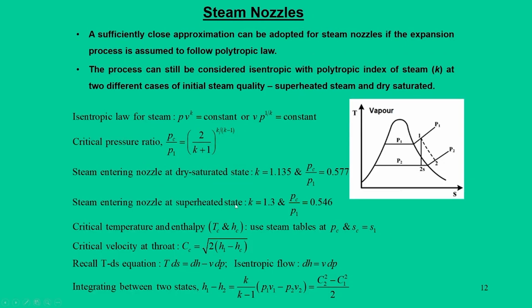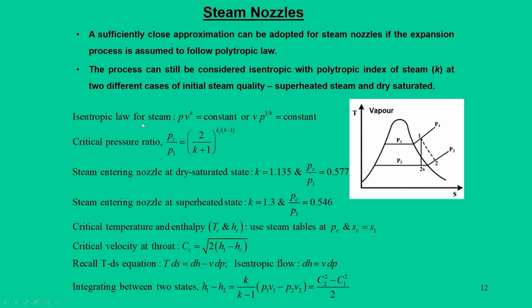Now, we will move on to the next topic, that is steam nozzles. Till this point, we have been discussing the theoretical aspects of nozzles, which mainly deal with gases. When you talk about steam, the same thermodynamic concepts can be used here with reasonable approximations.